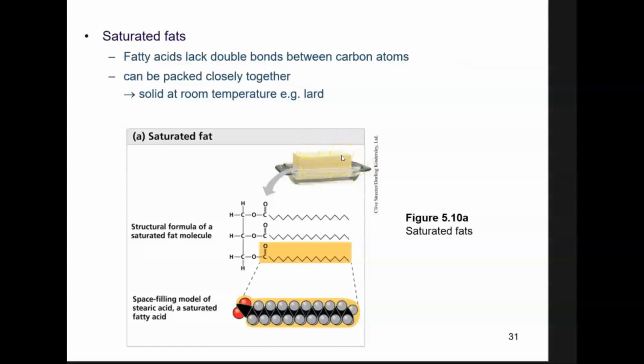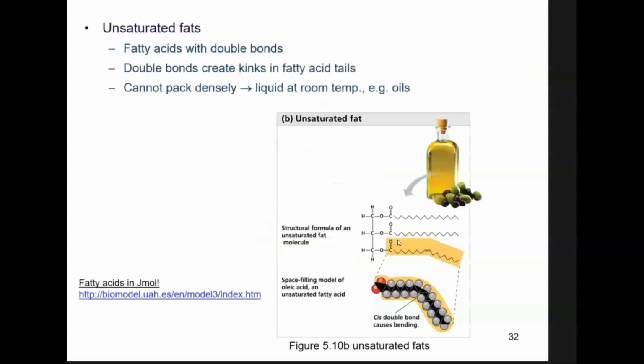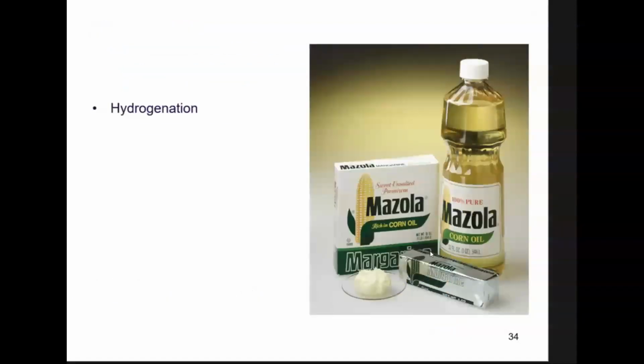So what to do? How do we make a fat that is solid at room temperature but doesn't have the cholesterol? Well, instead of having it from animal fat, where you have saturated fat, why don't we take this plant fat and remove the double bonds, which make it liquid? How? By hydrogenation.